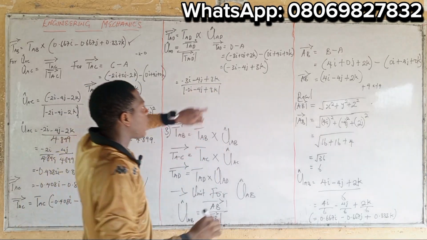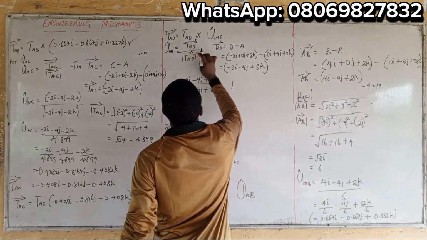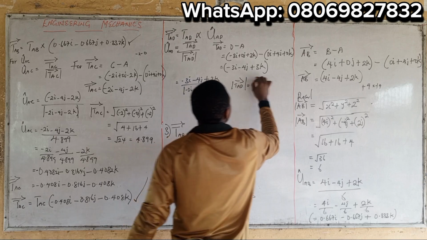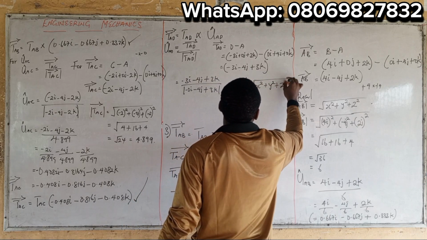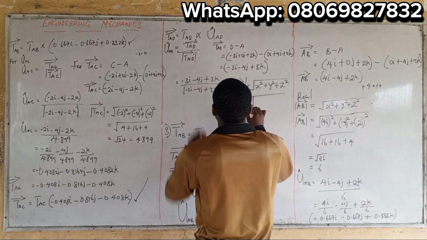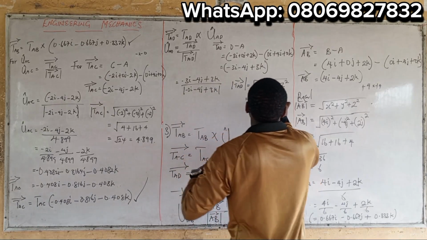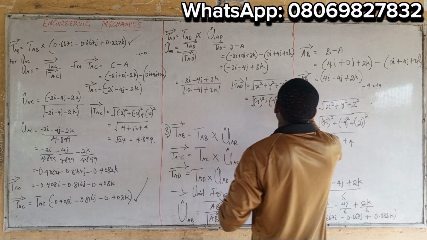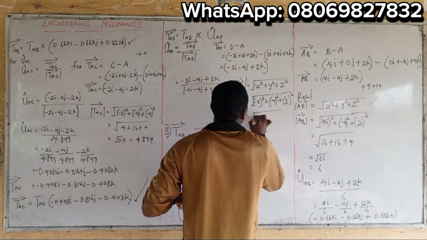The magnitude for AD is simply the square root of x squared plus y squared plus z squared. So this is minus 3 all squared plus minus 4 all squared plus 3 all squared.